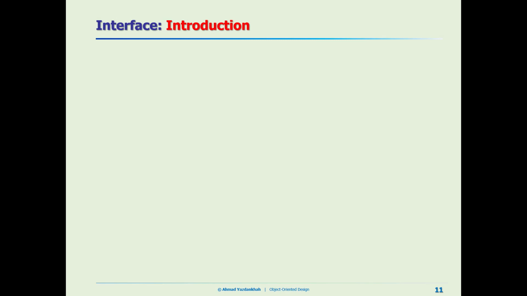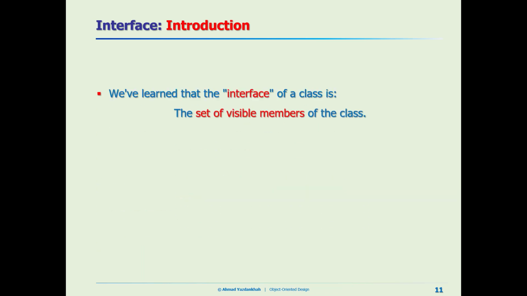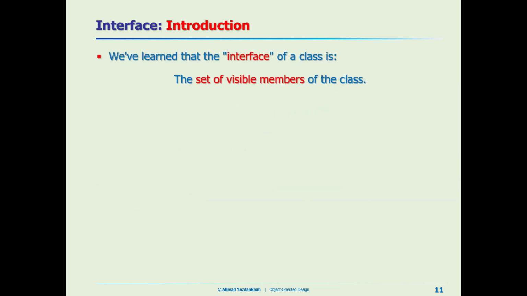So the concept of interface that so far we have learned was whatever is exposed to the outside of a class or an object, right? So here I just summarize it as a set of visible members of the class like this.